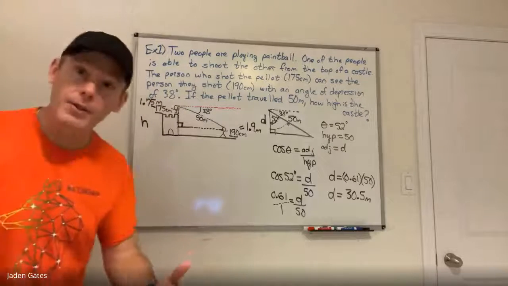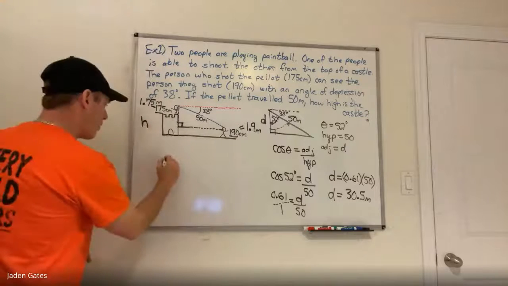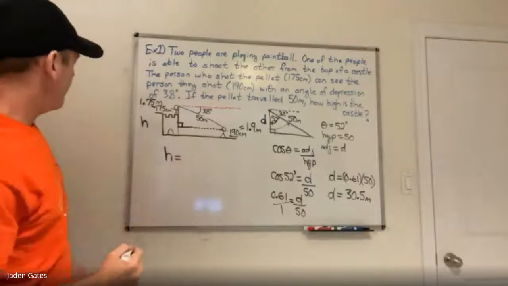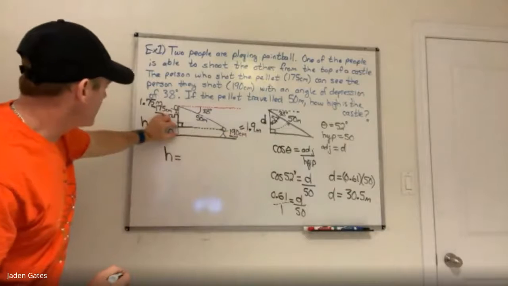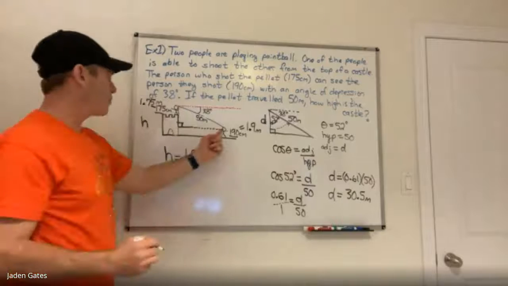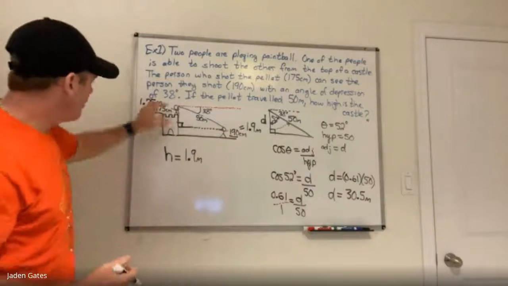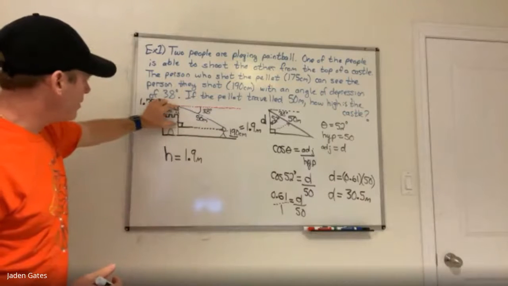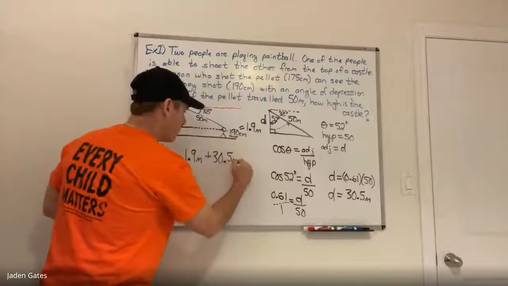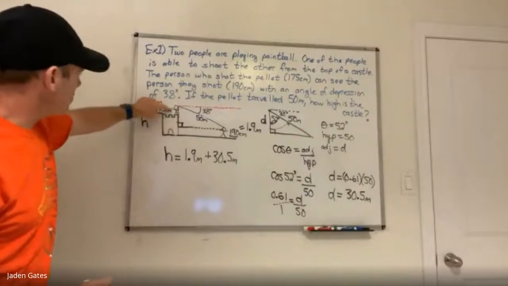Now I have them in the same units, but I still have to figure out the height of this castle. First off, I have to add 1.9 meters because that's missing in my diagram. The person's height has to be taken into account. Plus I'm going to add our distance here, which was the 30.5 meters. But inside that distance, that D, was this person's height, which I don't want.